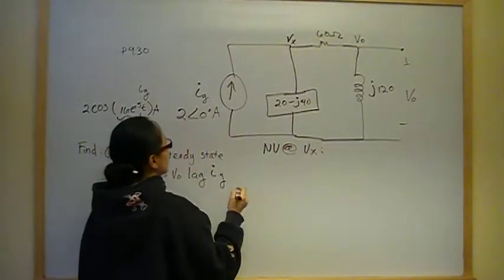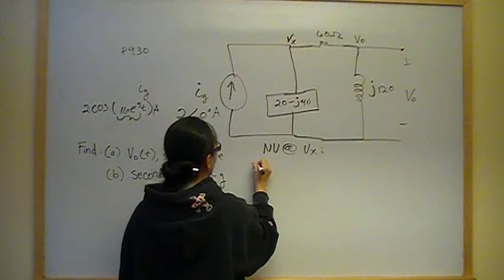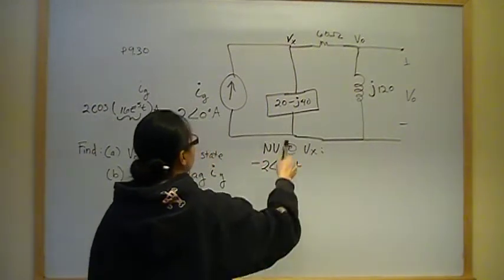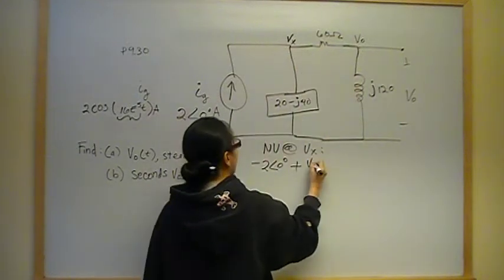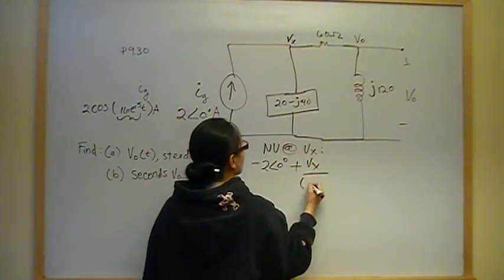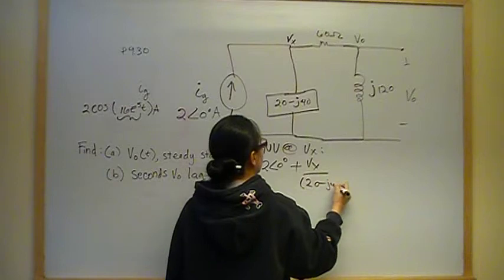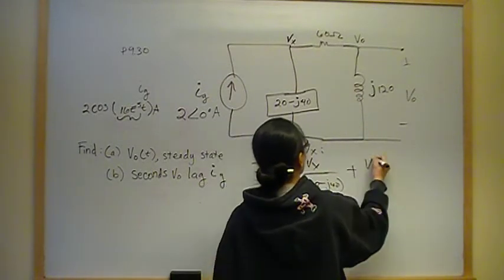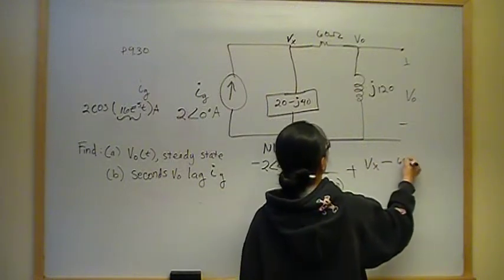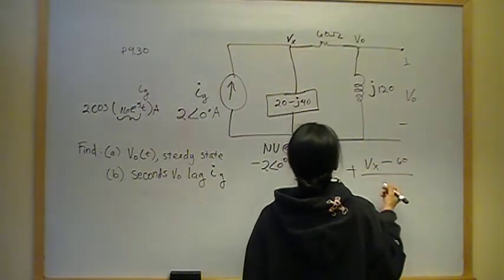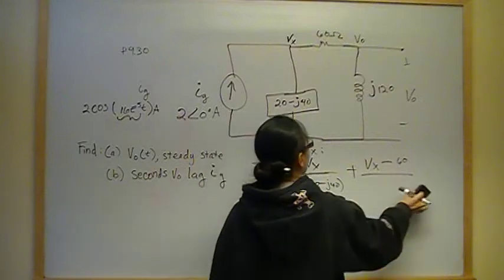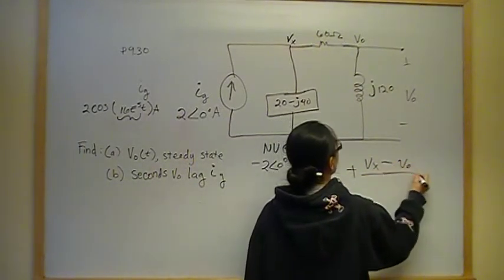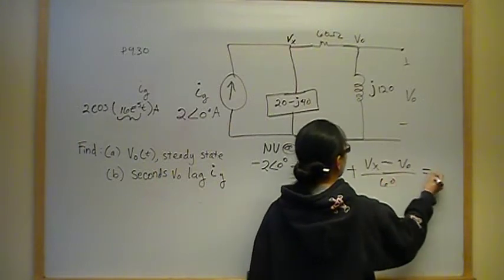That equation is going to be current going in is negative, minus 2 angle 0, plus this right here is going to be Vx over 20 minus J40, plus Vx minus V naught over 60 is equal to 0.